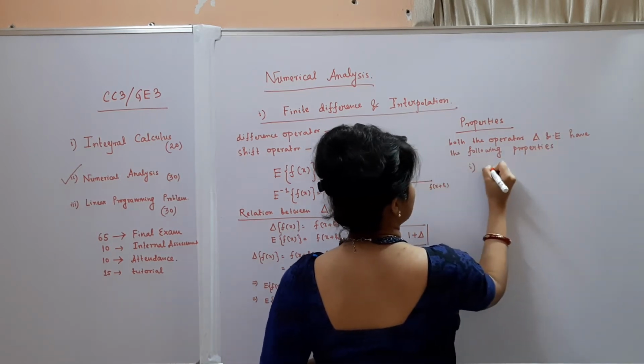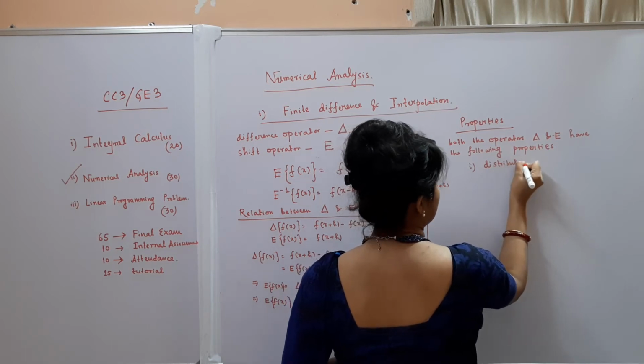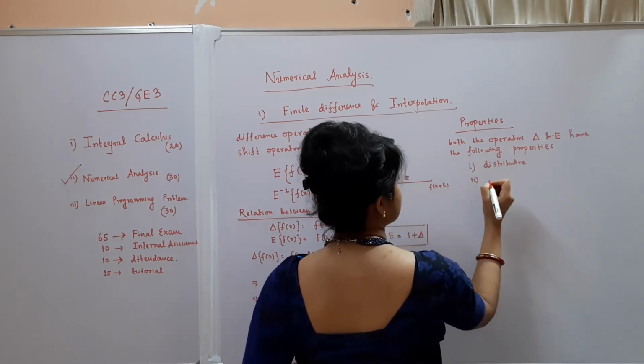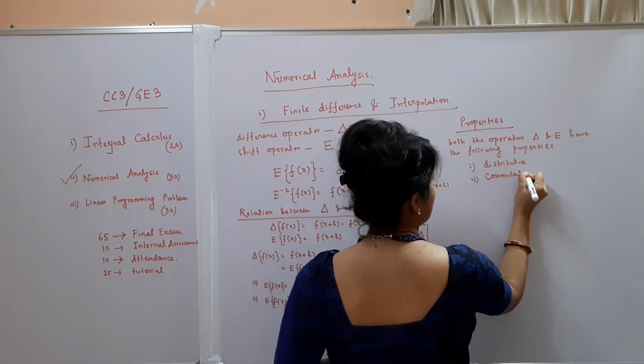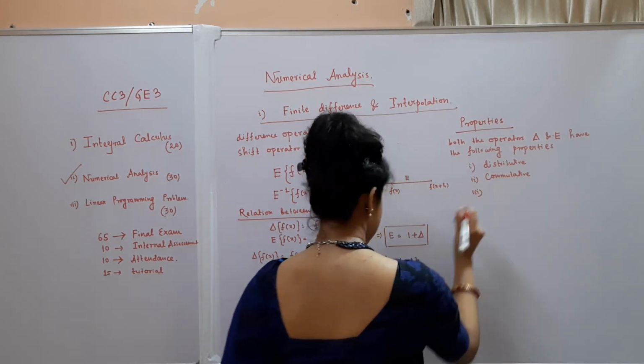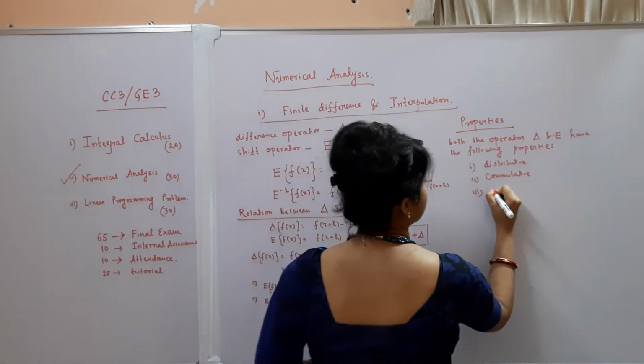Number 1 is distributive, number 2 is commutative, and number 3 is index law.